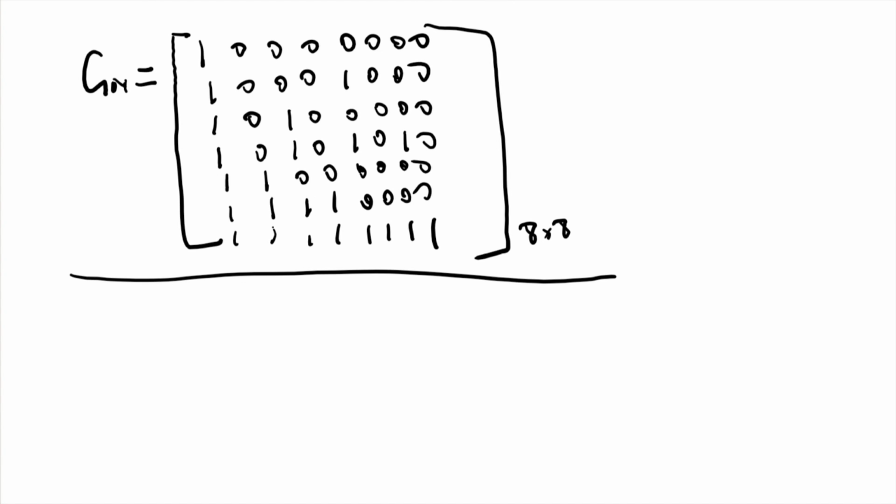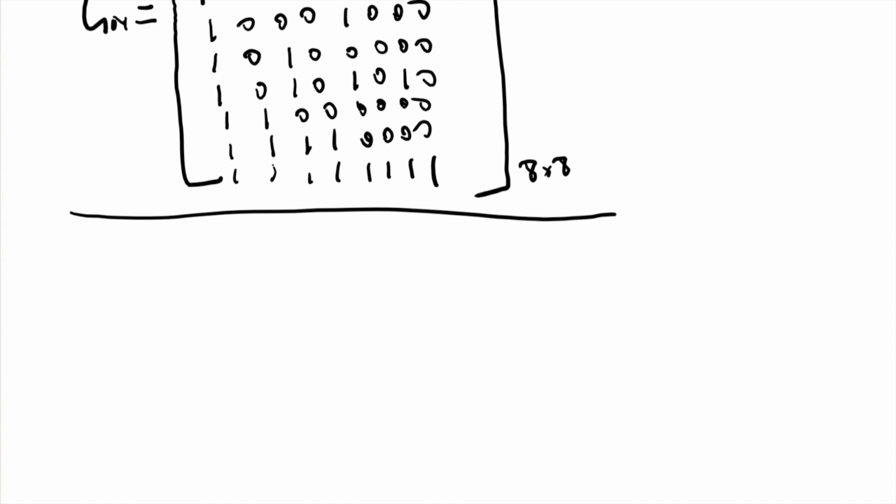And further, now that we have the generator matrix, what should we do? The final step is we need to get the polar code.